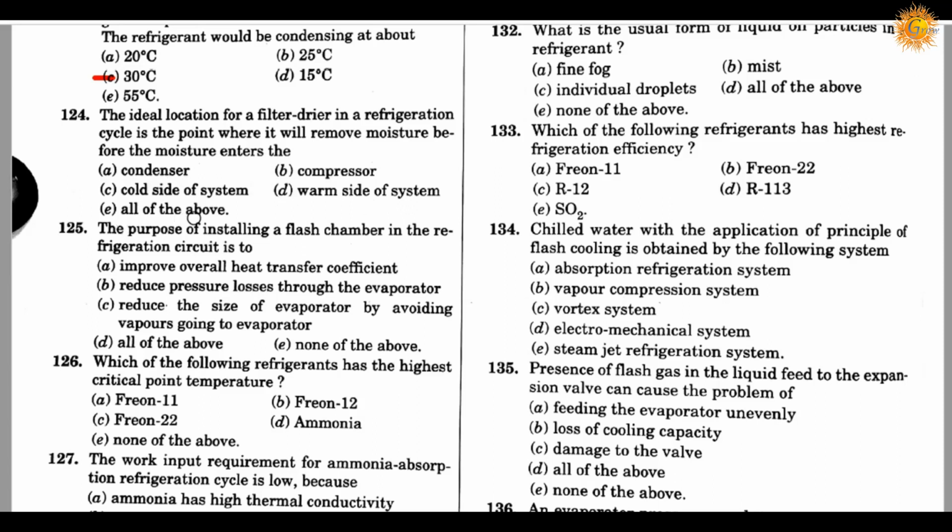So the correct answer is C, cold side of the system. Correct answer C.